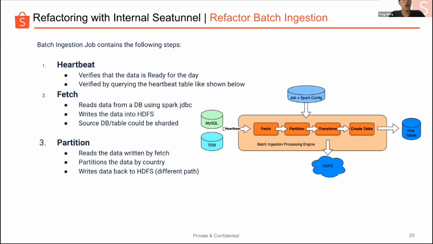We need to check the heartbeat before fetching the data from the database to make sure of the data quality, because we are fetching from a slave DB, and it's possible that a slave is laggy. And fetch is the main step, as the last page shows.